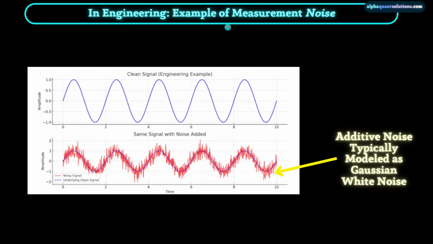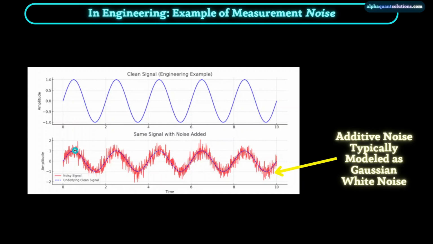So here is an example of measurement noise in engineering. We have here two graphs. The top graph with the clean blue line is the true signal we're trying to identify, measure, or detect. And the bottom graph is the output of the measurement device, so the output of the sensor.